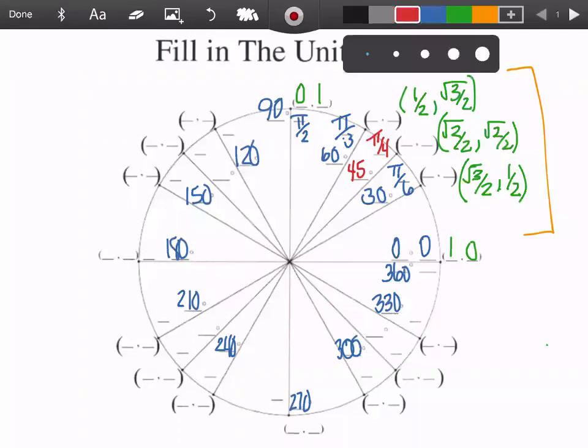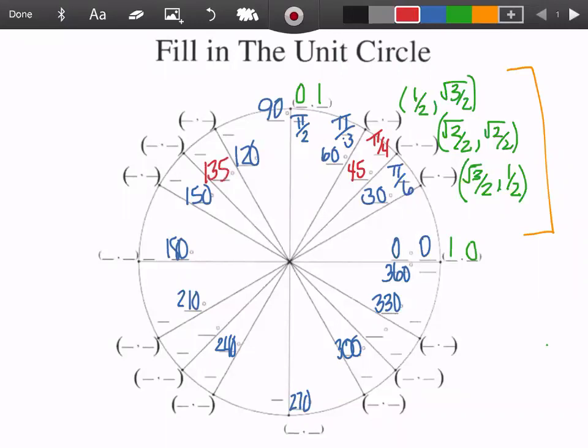Now we're going to fill in the 45, 45, 90 triangles all the way through the unit circle. We do that by adding 45 degrees. So if we take 45 plus 45, we get 90, plus another 45 gives us 135.